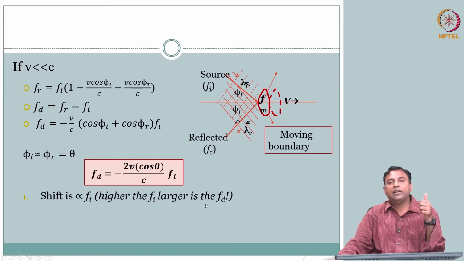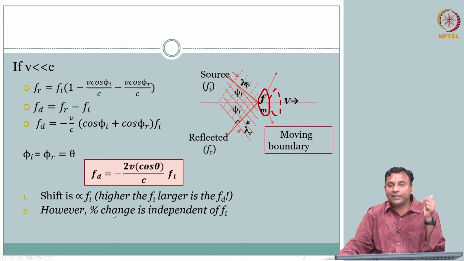So higher the Fi, larger is the Fd. But notice, however, that this part is not dependent on the frequencies. It depends only on the velocity and the speed of sound. So in some sense, the percentage change is independent of your Fi.